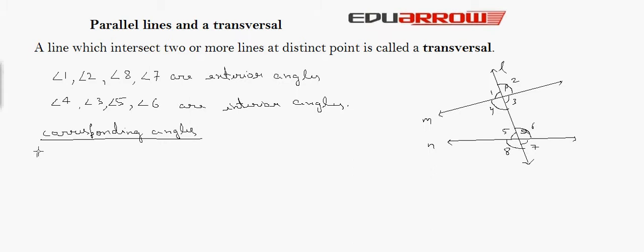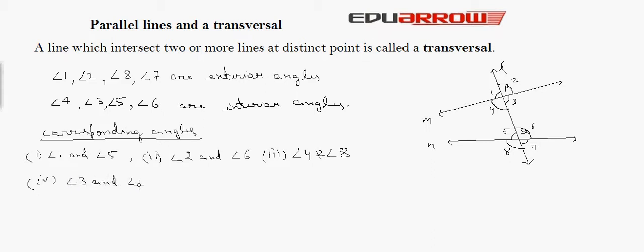Here, angle 1 and angle 5 are corresponding angles, angle 2 and angle 6 are corresponding angles, angle 4 and angle 8 are corresponding angles, angle 3 and angle 7 are corresponding angles.